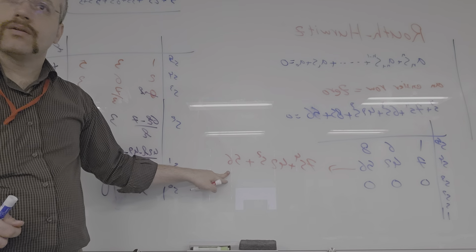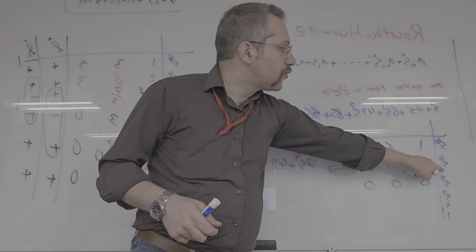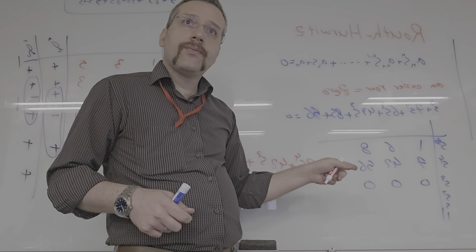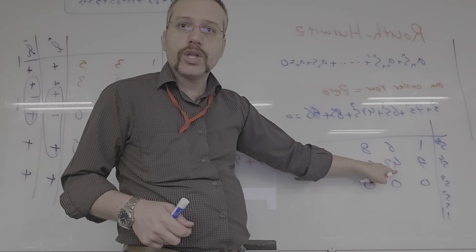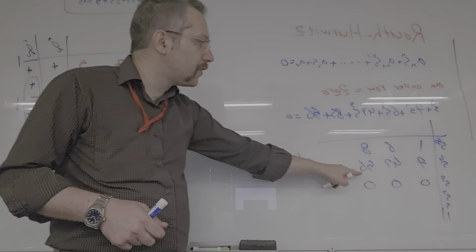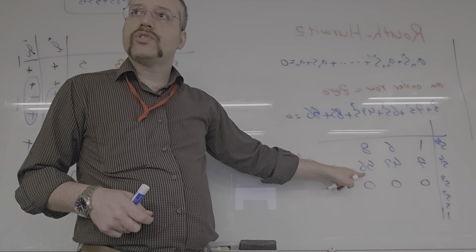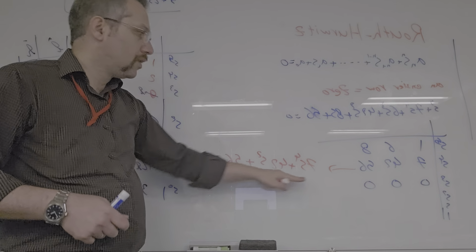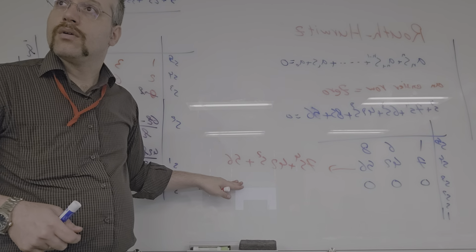Do you get what happened? S^4, you skip one power, 42S squared, you skip another power, 56 S to the power of 0, which is 1. You see what happened?